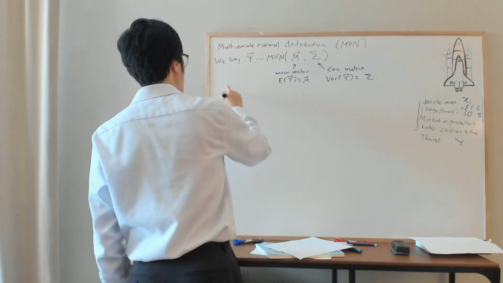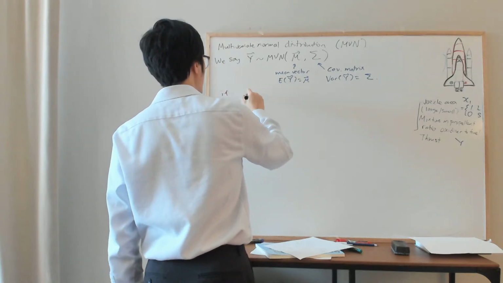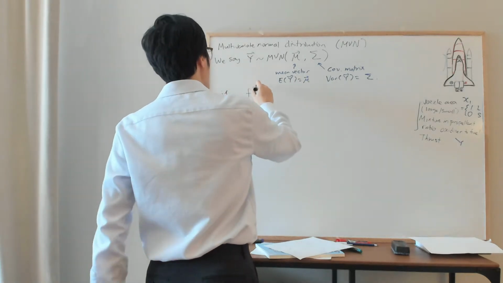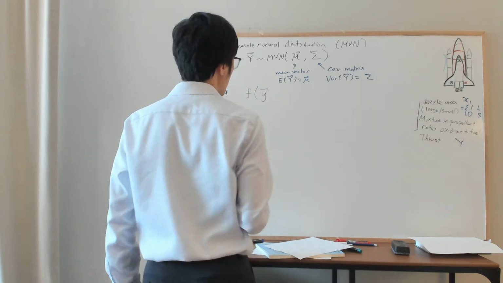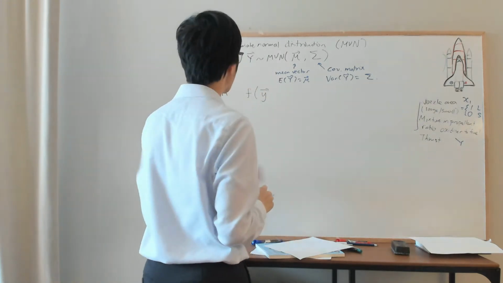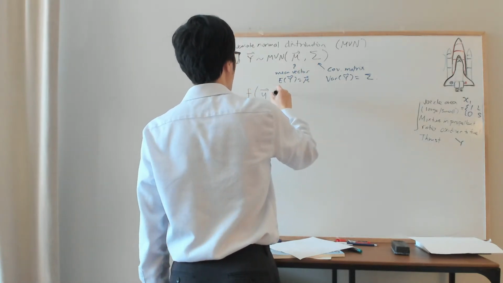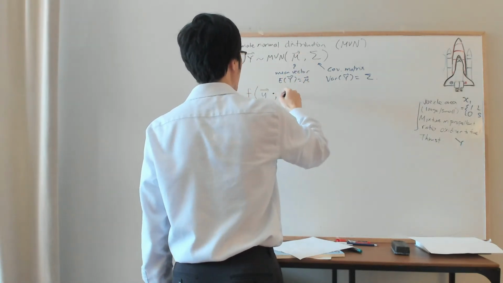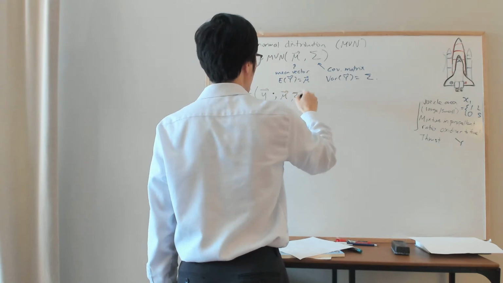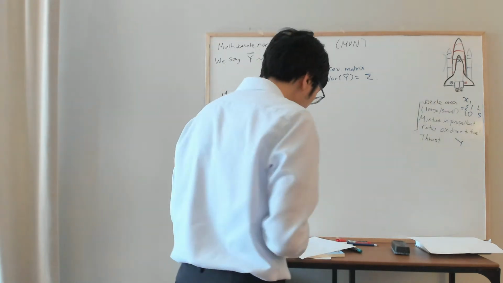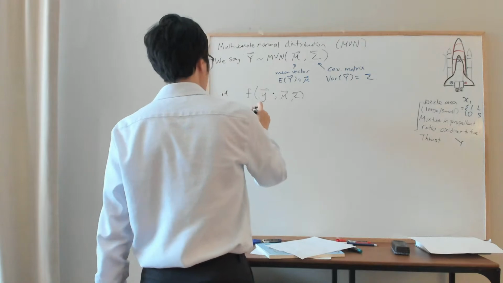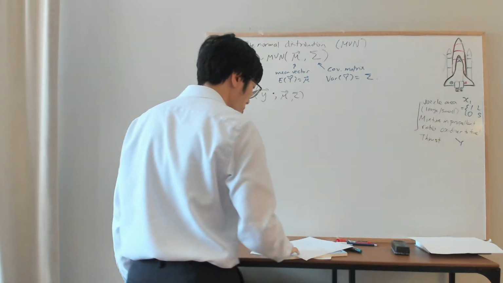It has a density function as follows, denoted F. It's the density corresponding to this distribution, conditional on these parameters mu and sigma. So it has this form.